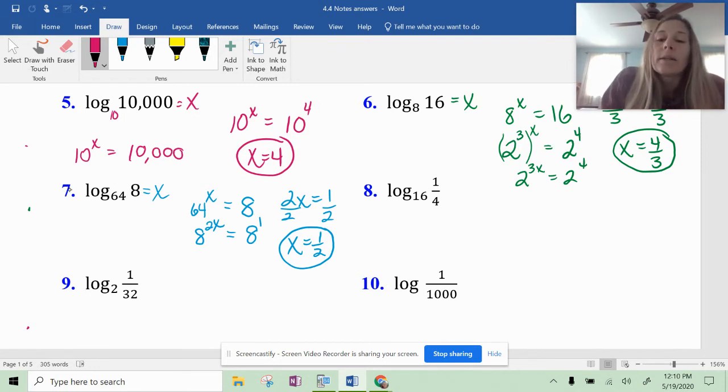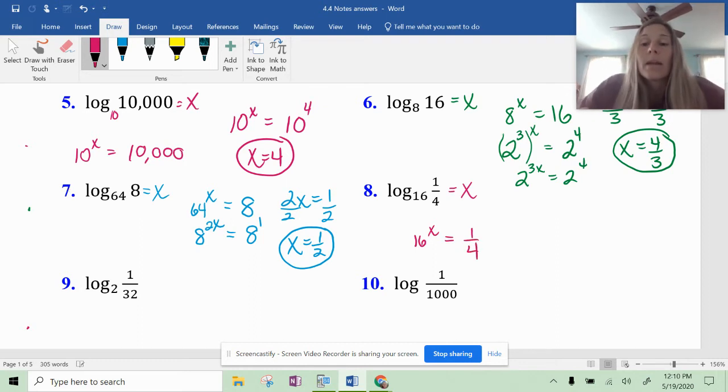All right, so let's continue on. So number 8, log base 16 of 1/4 equals x. That would mean 16 to the x power has to equal 1/4. Now, this is a little trickier because you have a fraction. You might be saying I have no idea how to make a fraction a different base, right? But you really do, because how do you flip this 1/4? You would just make it be 4 to the negative 1 power, right?